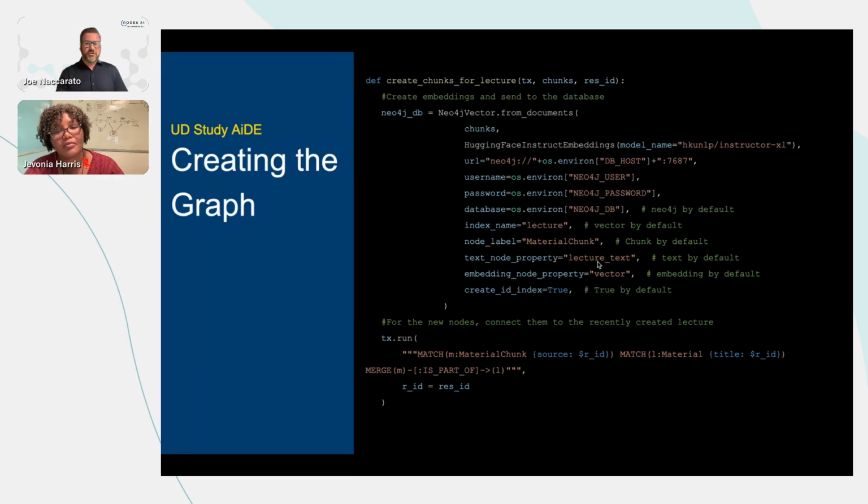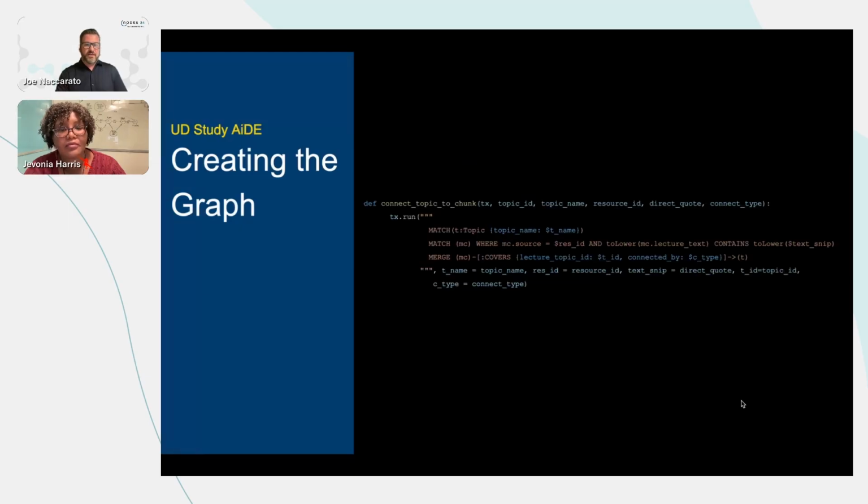You can see it's creating the node, what our embeddings will be, and then down here, again, using that standard Python package, it connects everything together in that graph. And again, you can see taking those existing topics, finding them in the graph, finding the material, and then connecting the two together finally with that merge.